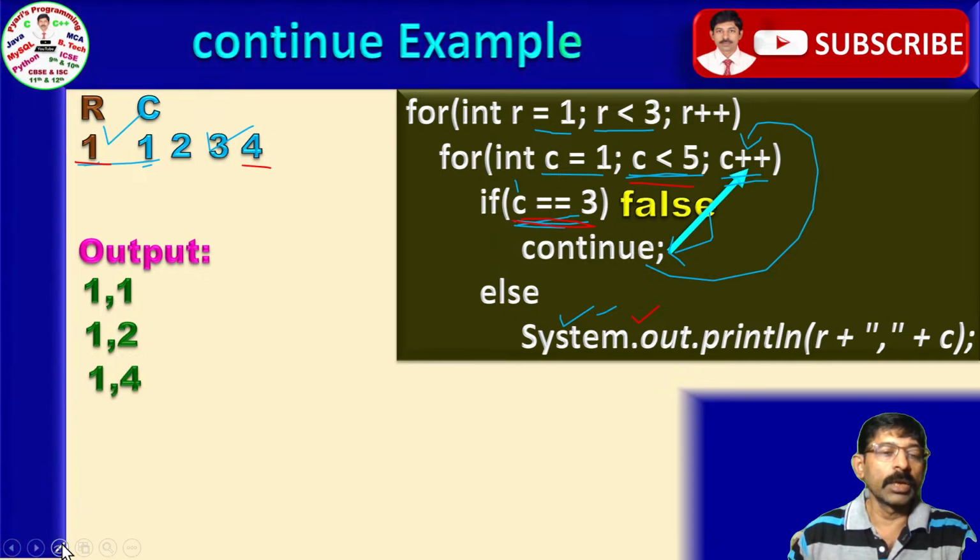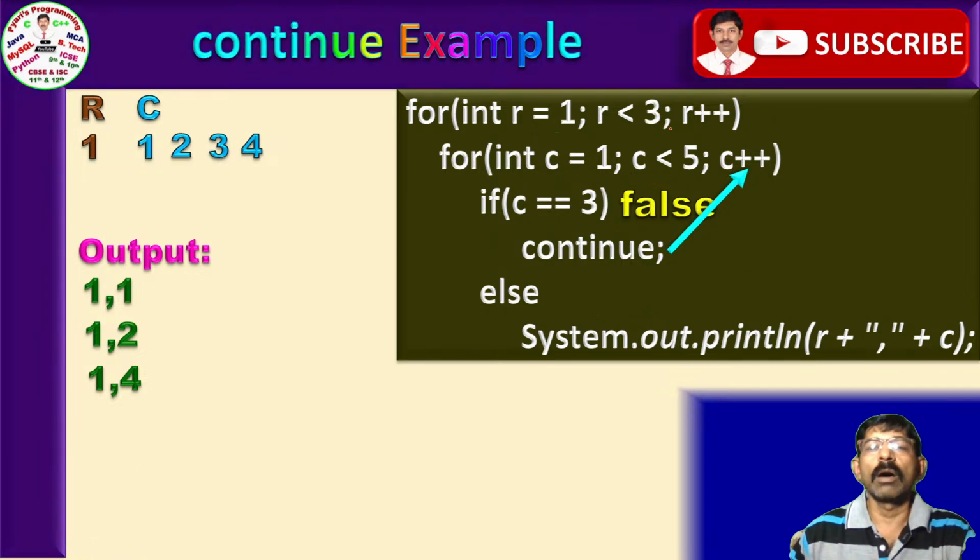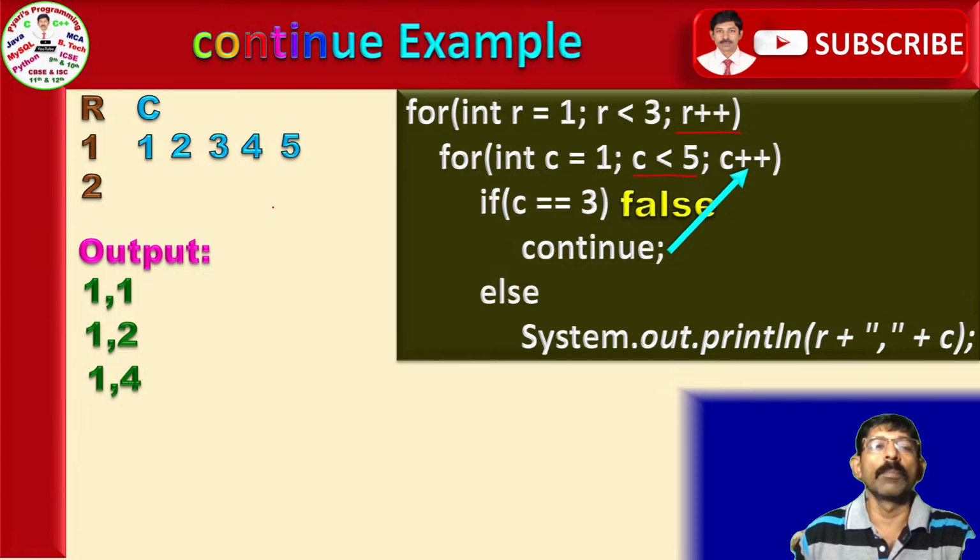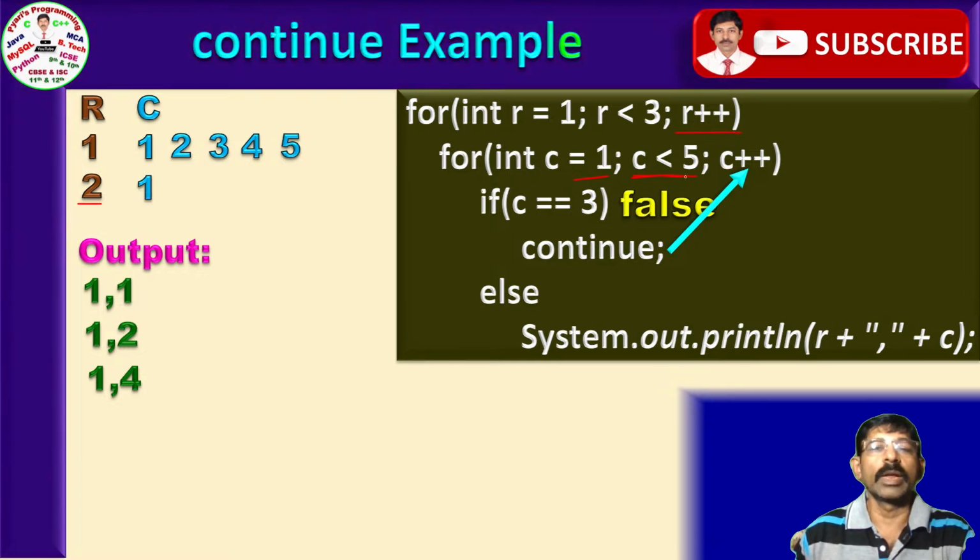Now again C++, C will become 5, 5 less than 5 condition false. So it will come out of this inner loop and R++, R will become 2. Look over here, R is 2. C is again 1. 1 is less than 5, condition is true. 1 is equal to 3, condition false.